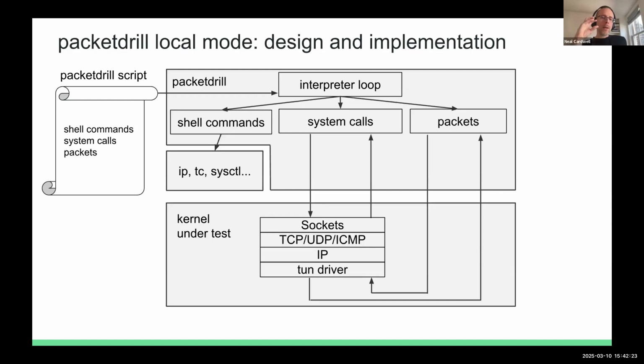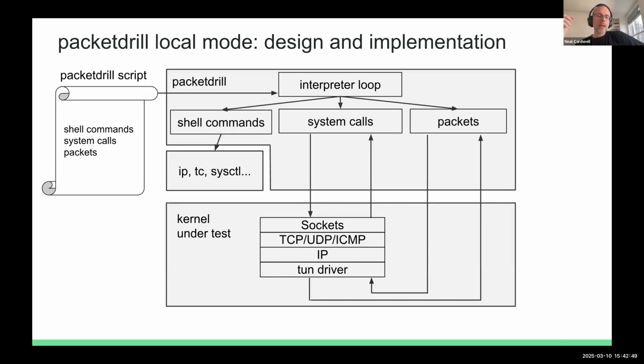For system calls, it makes those system calls directly into the kernel. For packets, it either injects a packet into the TUN driver if it's an incoming packet. If it's an outgoing packet, it sniffs for a packet and then verifies it. And then, of course, those system calls go down into the sockets layer, which will call down through the network stack to emit those packets out of the TUN driver.